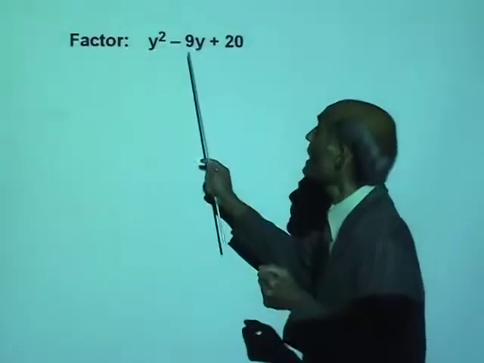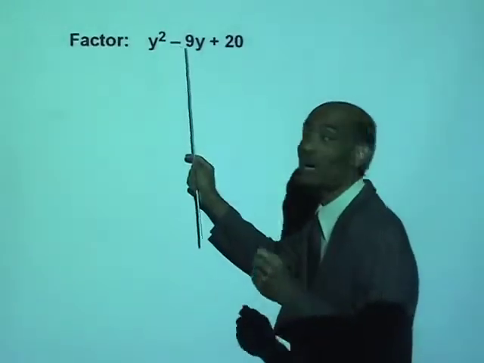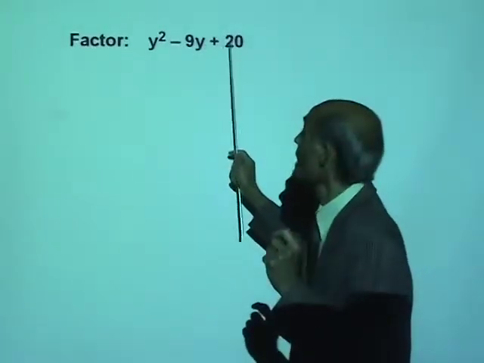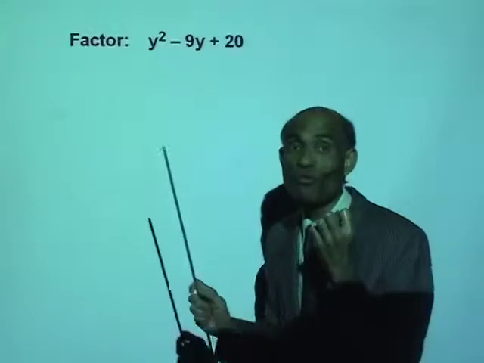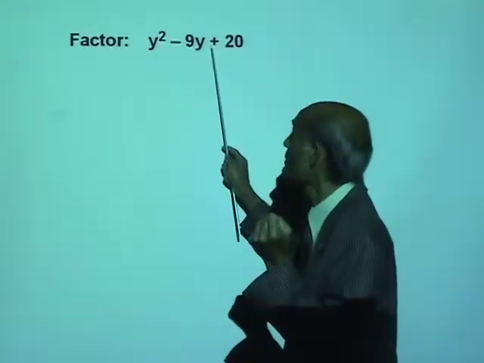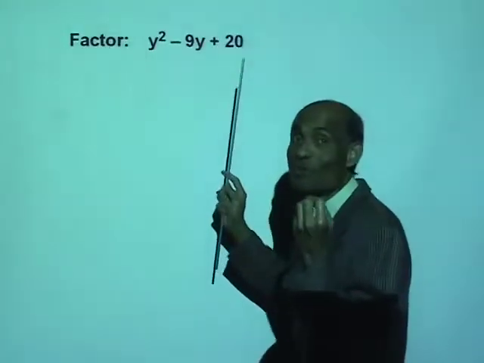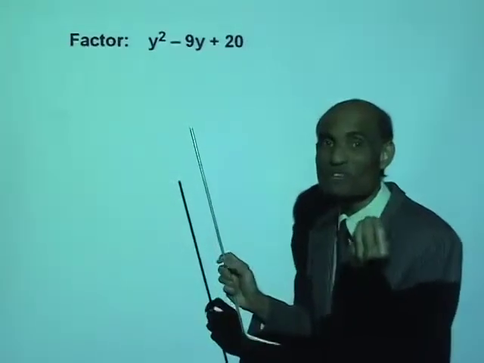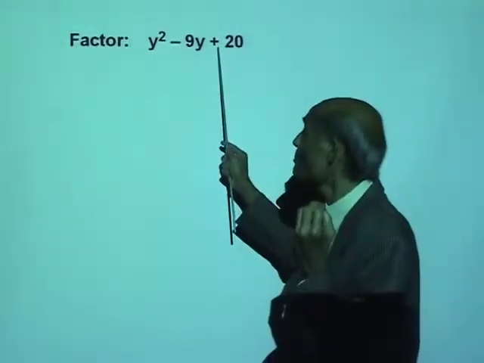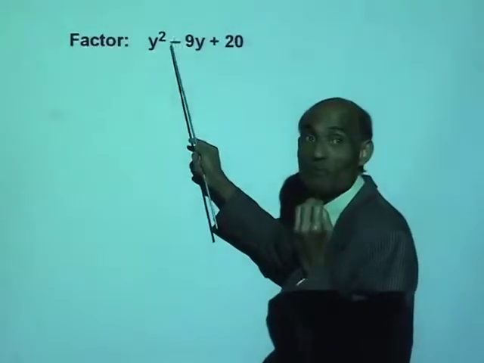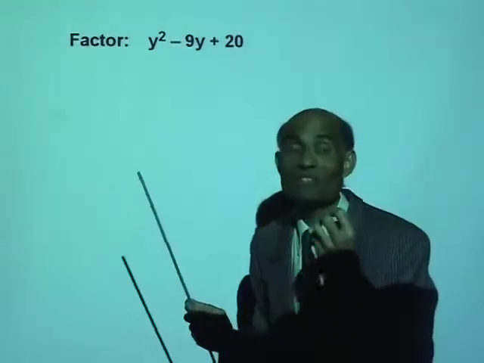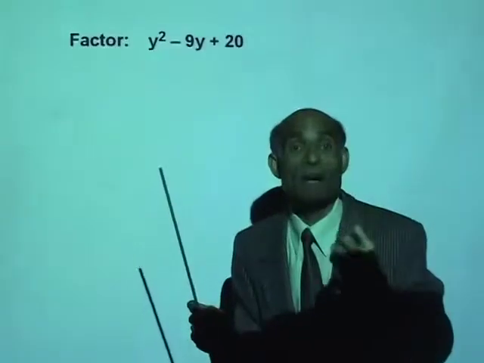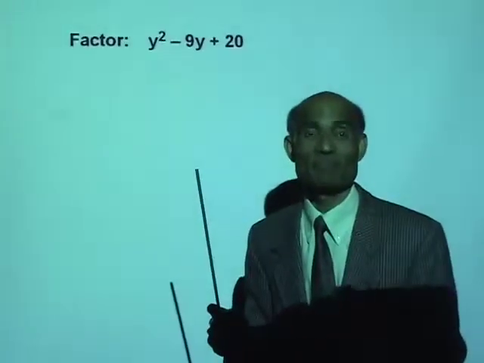And when you look at this, the middle term is negative, the last term is positive. Now, what is the rule for factoring the last term we discussed? The rule is, if the last term is positive and the middle term is negative, then both factors of the last term must be negative.